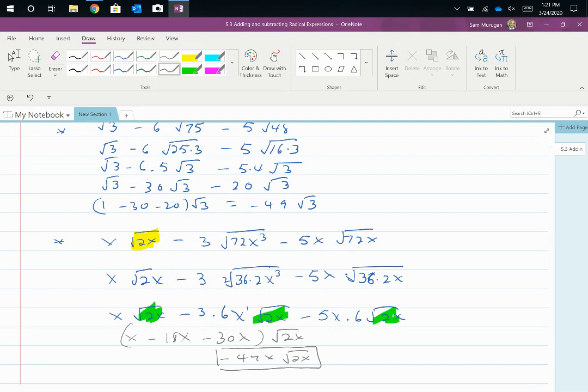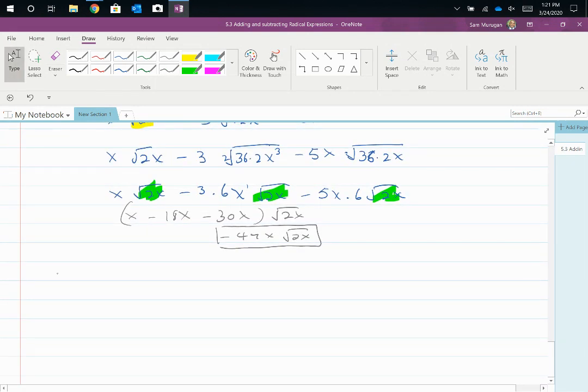I've got one final example from the quiz. 6 the cube root of x cubed y to the 7th power plus 4xy the cube root of 8y to the 4th power.